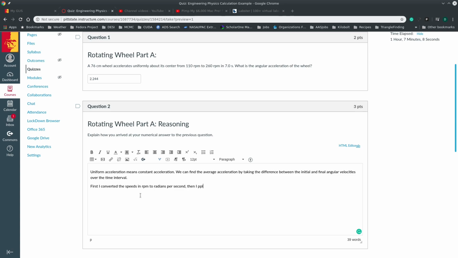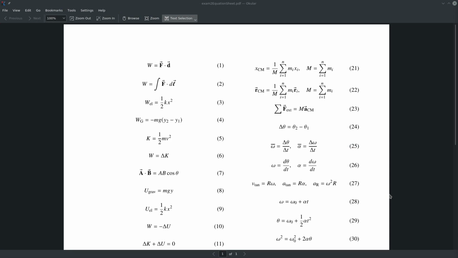Then I plugged the numbers into, and we can point out which equation that we used. So if we go back and take a look at our equation sheet, you'll see all of the equations have a number after them. So I don't need to enter the specific equation.